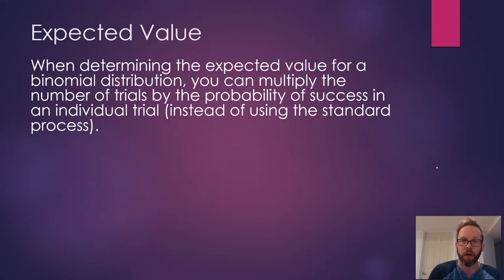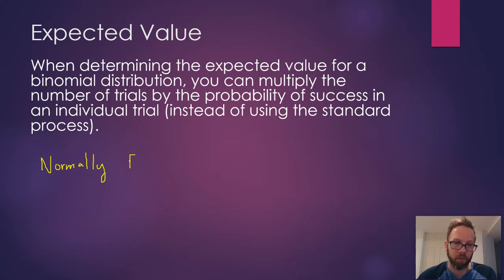Before we do that, there's actually a shortcut for finding expected value if your probability distribution is a binomial distribution. Normally we do the sum. For our game show analysis and our 3-dice distribution, normally we did expected value by taking the sum of all the outcomes times their probabilities.